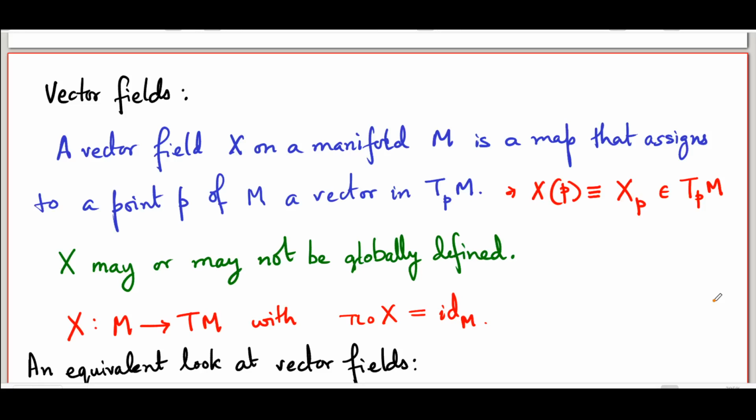If you apply the projection operator to that, it just gives you the point to which the vector is attached. So it gives you back the point P. Therefore, pi composite X is the identity map on the manifold M.